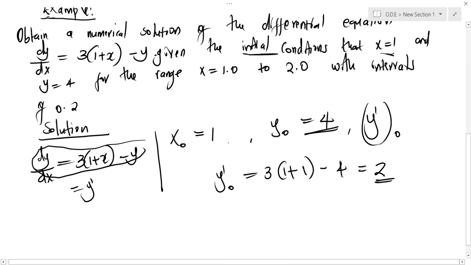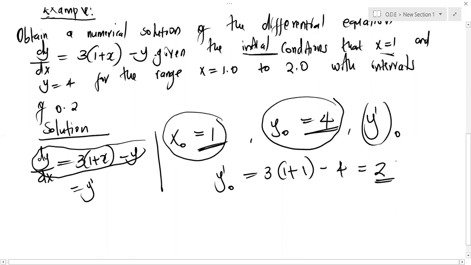So we already have these values. We can plot our table with the values of x naught, y naught, and y prime naught. These are our first values. Let me put them in circles like this so that we can refer to them later as we are plotting our points.